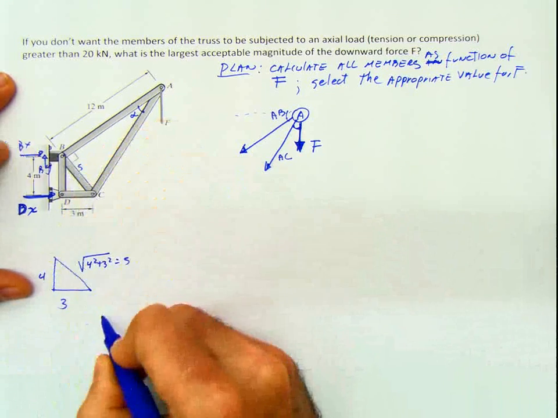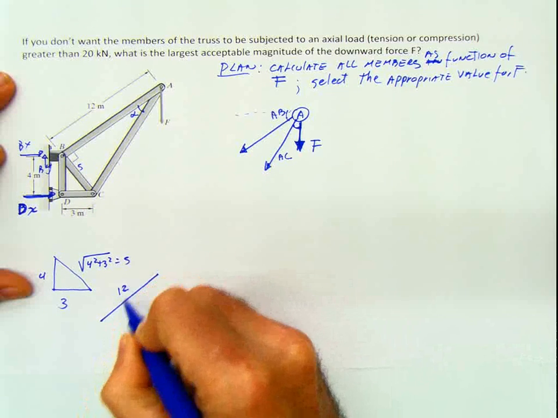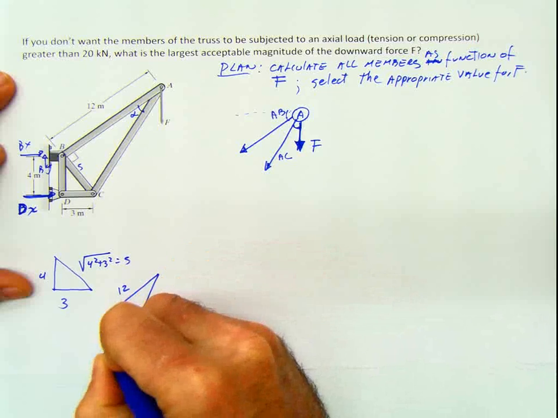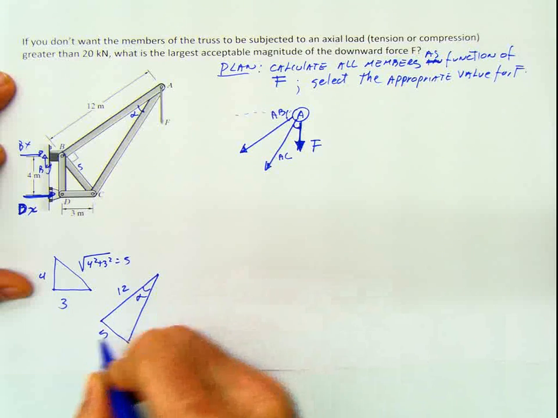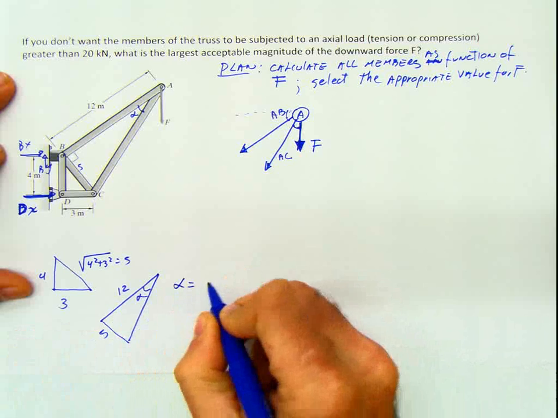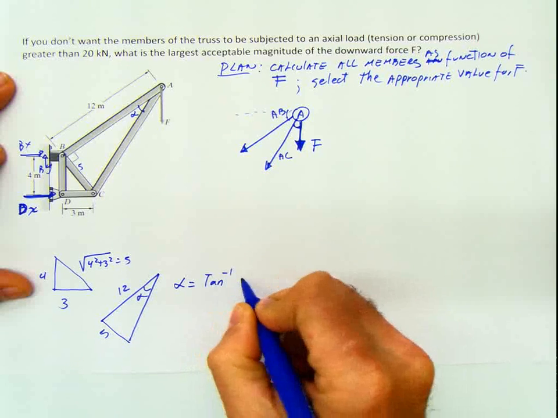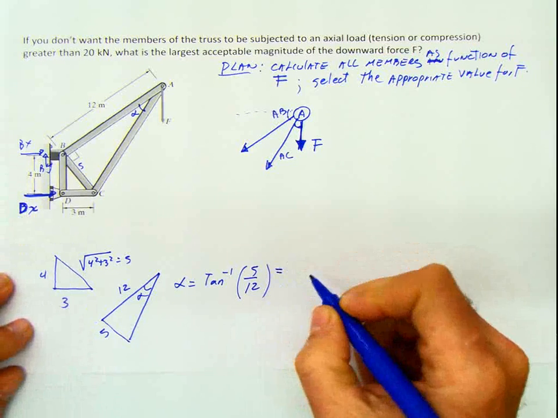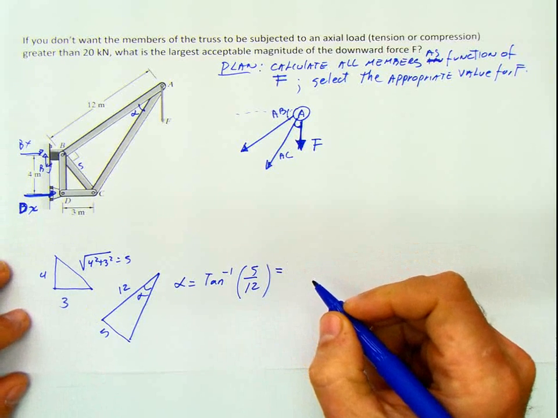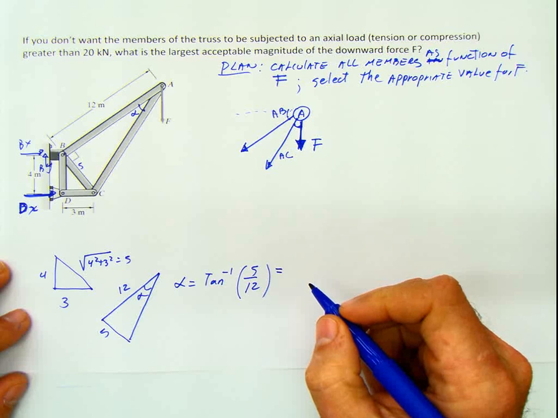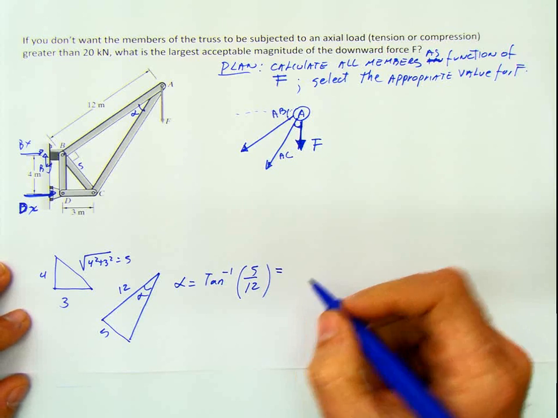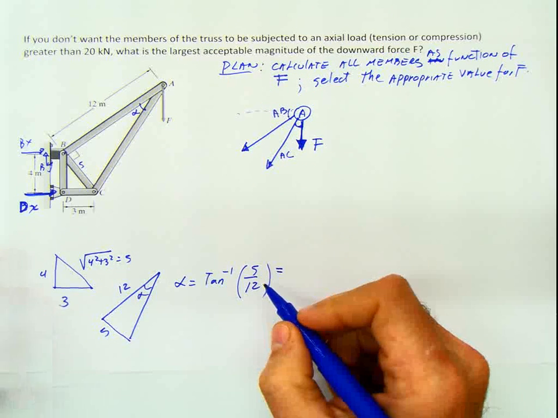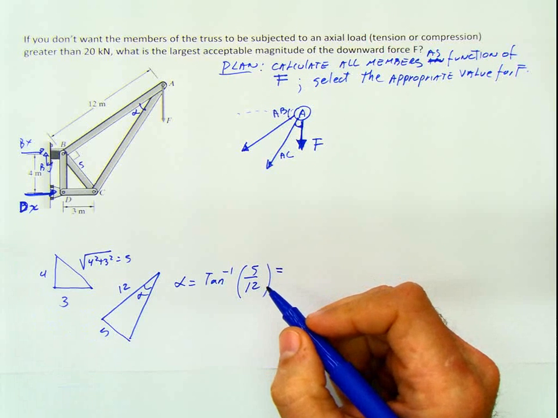If that distance is 5 and this is 12, then this angle here, alpha, is going to be equal to the inverse tangent of 5 divided by 12. This angle here, inverse tangent of 5 divided by 12, I then calculate that angle.